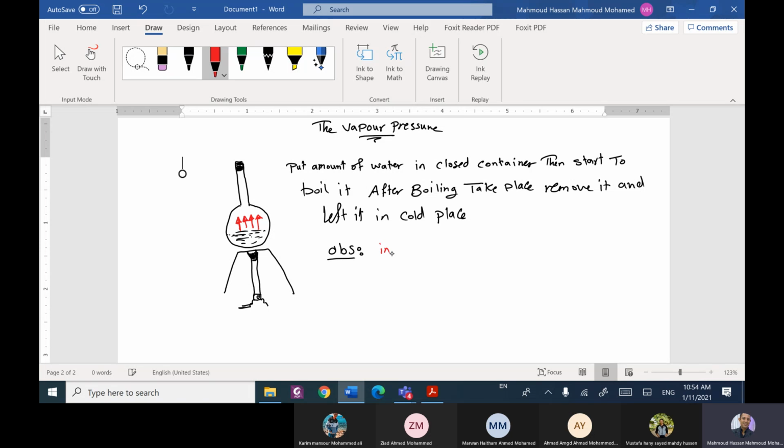In the first case, the rate of evaporation is high. In the second case, the rate of condensation is increased.